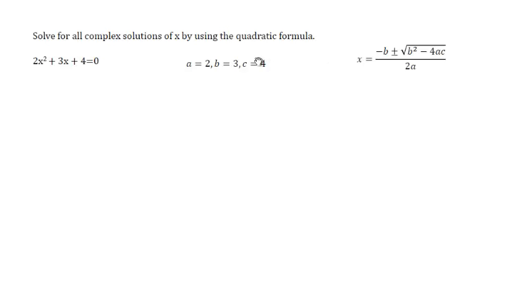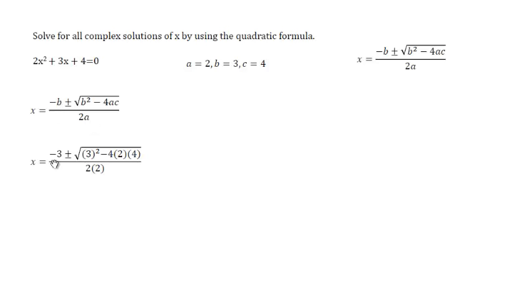In the case of this equation, a is 2, b is 3, and c is 4. Make sure it's in standard form, and then in descending order, you take the coefficients, and those are your a, b, and c.